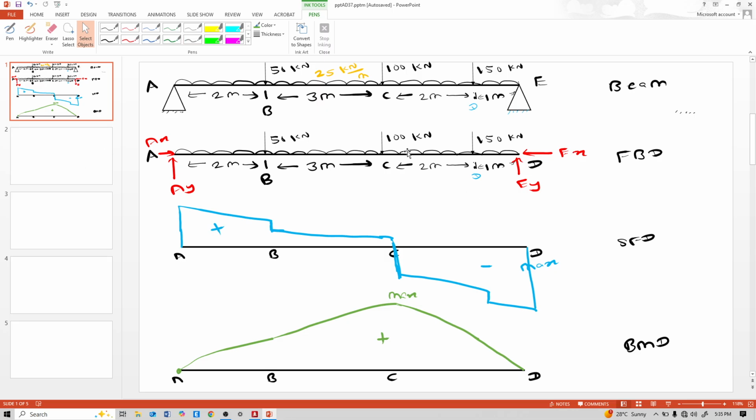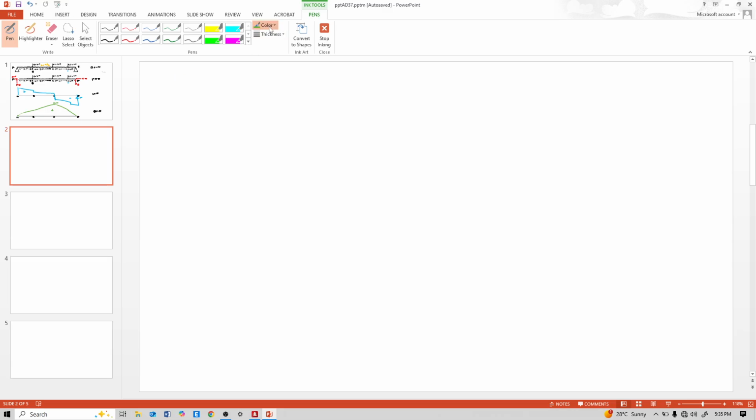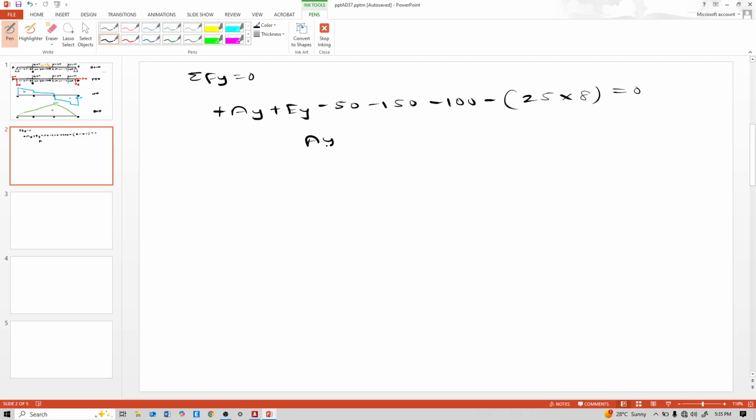So AY plus EY, minus 50, minus 100, minus 150, and minus 25 into 8 equals 0. The total vertical load is 500 kilonewton.